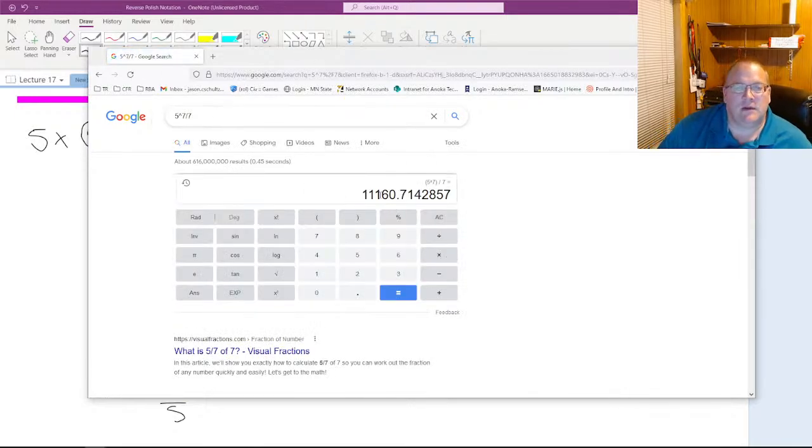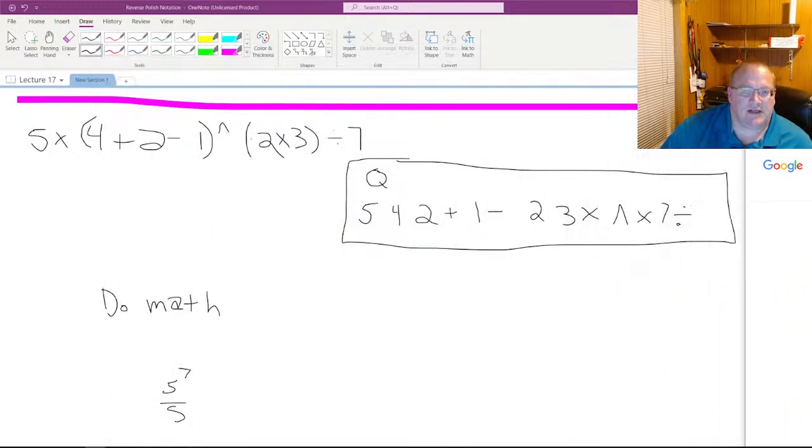Same number. So that's my 11,000, whatever it is. It would have been nice if I would have come up with an answer that was nice and easy. But I didn't. Oh, it is what it is.